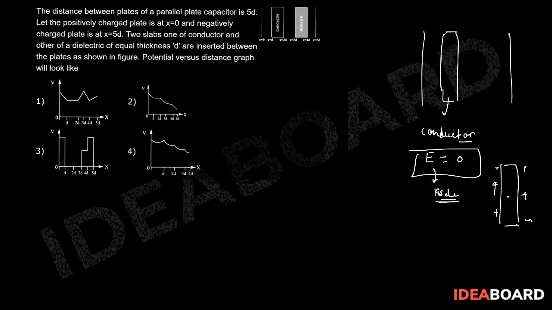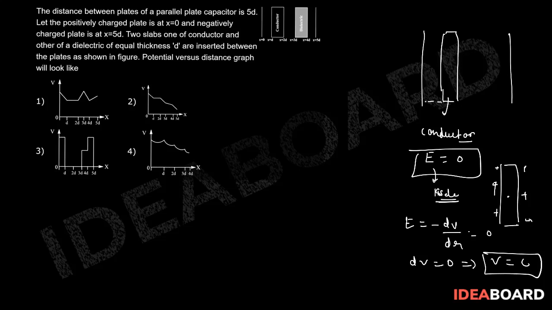So if the electric field inside the conductor is 0, then with E equal to minus dV by dr, which is the relation between electric field and potential, dV is going to be 0, which shows that potential is constant. So inside the conductor, potential has to be constant, right?